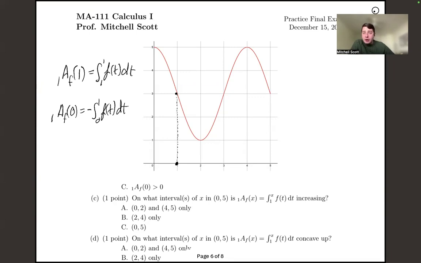So since this entire function is above the x-axis, it all has positive signed area, right? So what we would be looking for is the integral here, just here, right? And it looks like this is all positive, right? The integral from 0 to 1 of this function, right? It's at least 1, 2, 3, and then maybe 4, right?